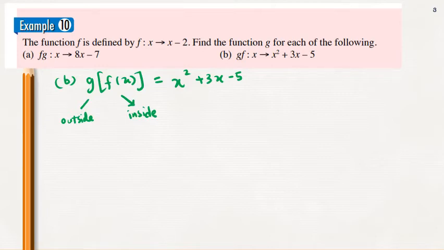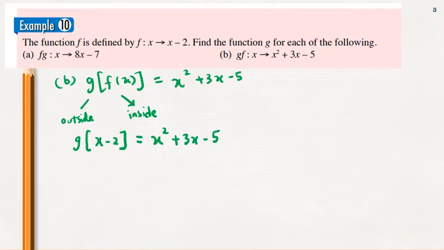Let's look at them one by one. Now we need to rearrange. We need to substitute the function of f. So g(f(x)), that is g(x minus 2), is equal to x squared plus 3x minus 5.